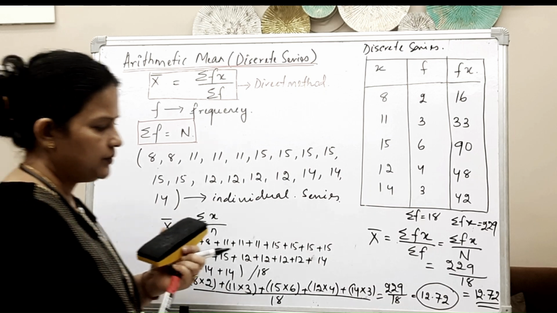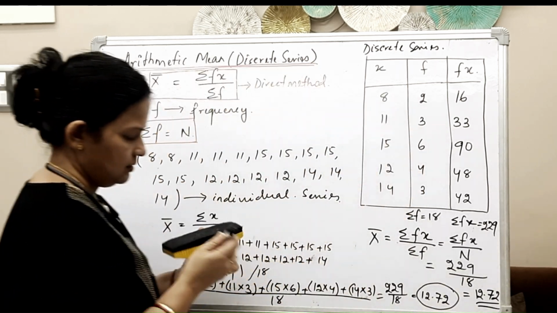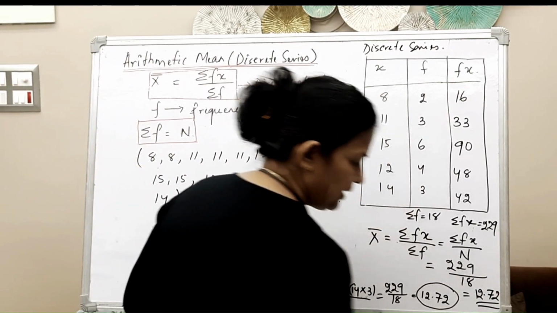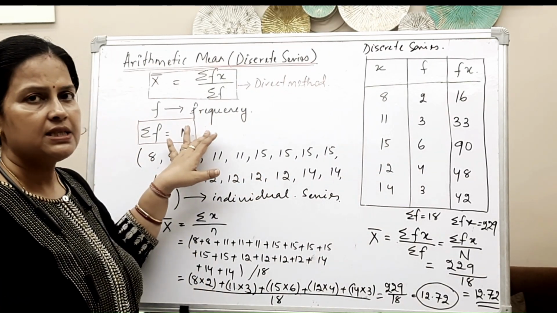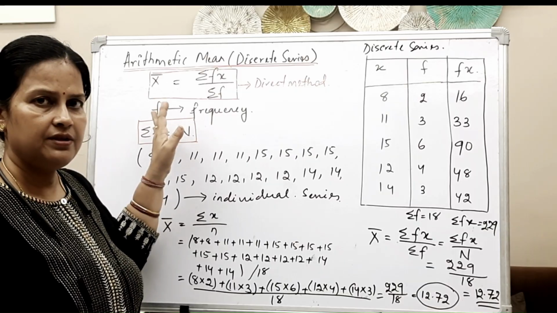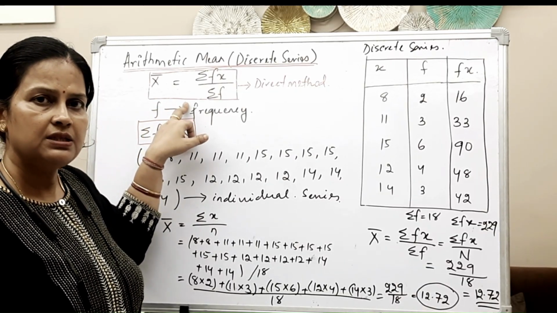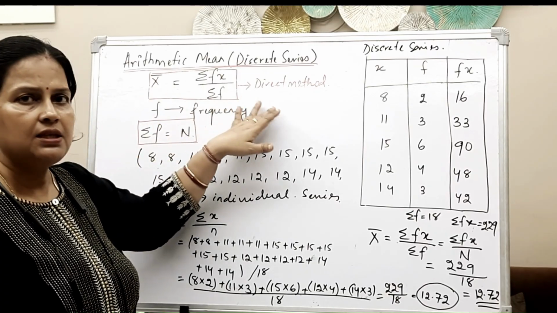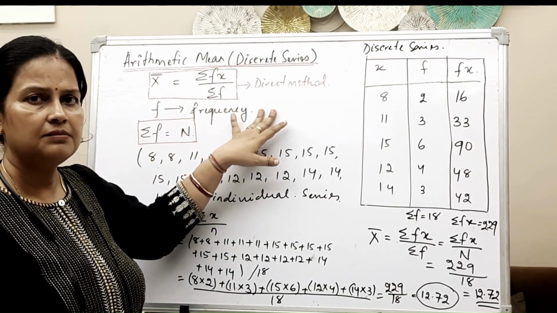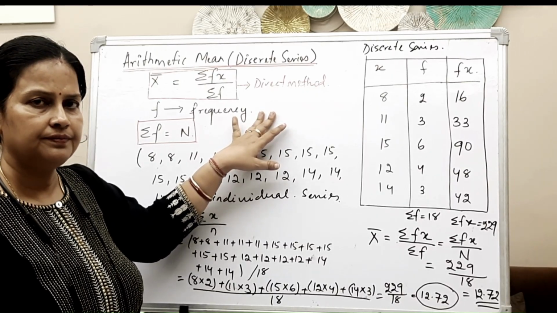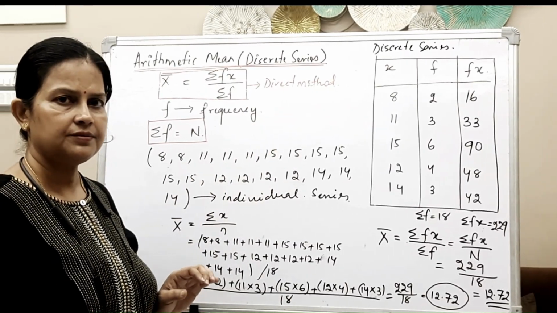So we will take one example and apply all the methods we discussed in our previous classes for individual series: direct method, shortcut method, step deviation method. Let us start.